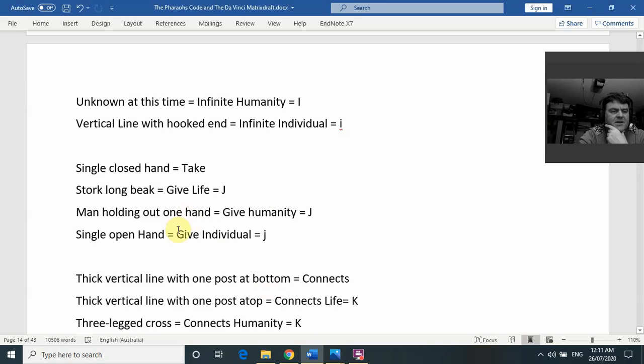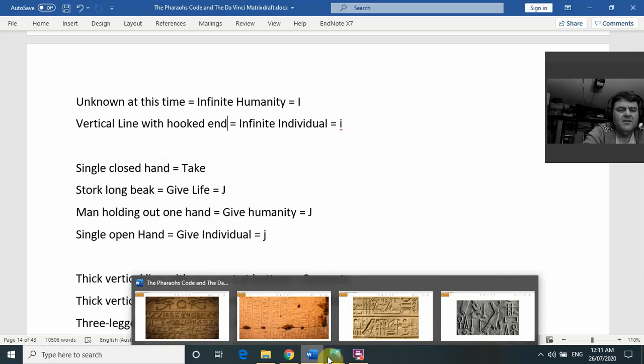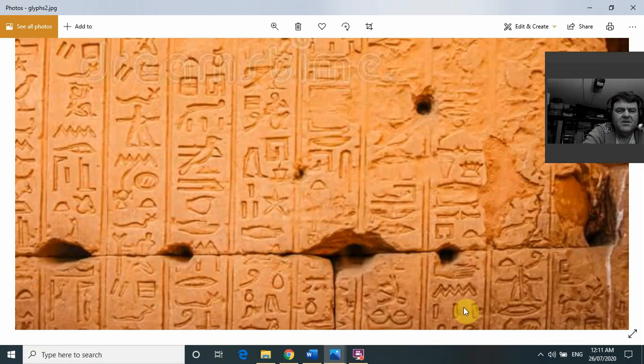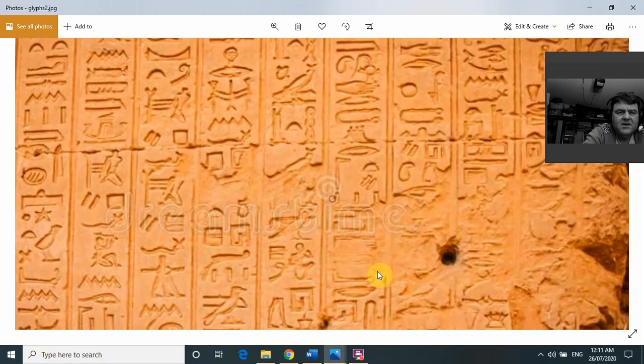Now the next one is the individual give, and again represented by just an open hand, so it's the counterpart to the take. The give is an open hand, the take is a closed hand. And the best little version I've probably got here is in this one.